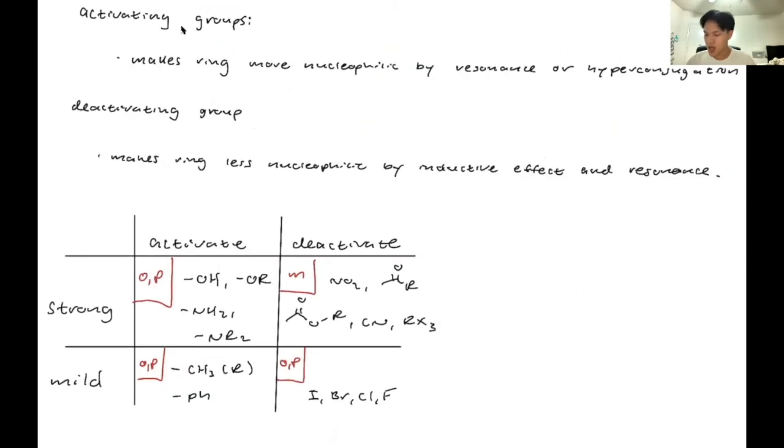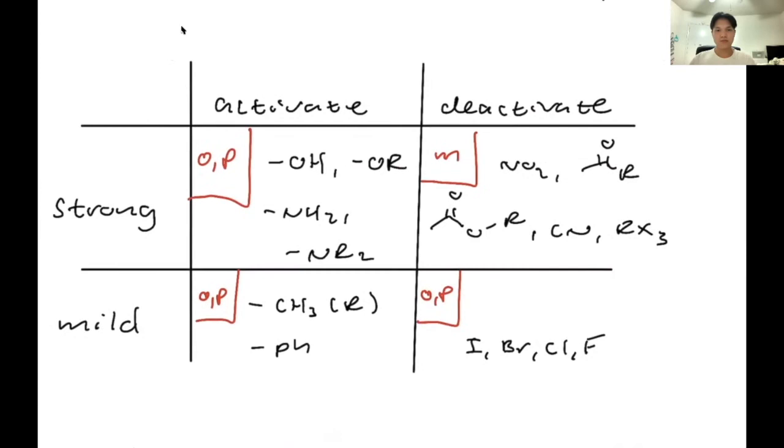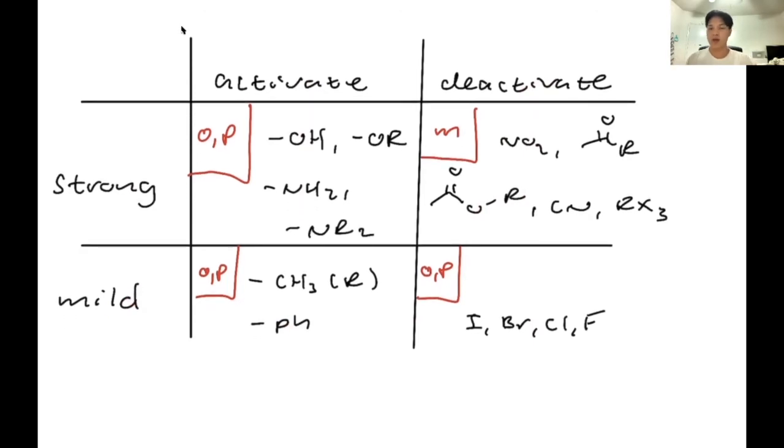So those are just some terms to know. And then I do have a chart here, right? So we have a chart. It's a strong activator or a strong deactivator, and a mild activator and a mild deactivator. So the difference between strong and mild is whether it really adds on an actual negative formal charge to the ring, if it's an activator, or if it just donates some electron density to make it more nucleophilic, right?